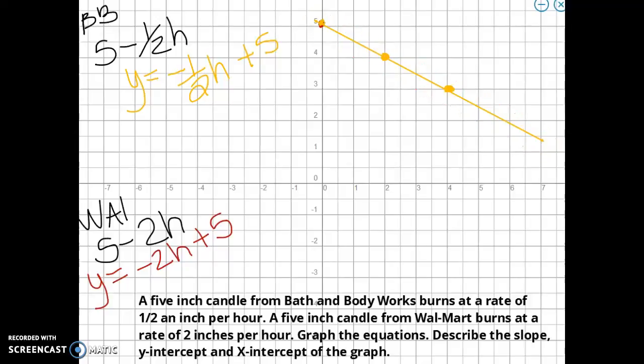Now the red candle slope is a little different. It says down 2, right 1. How do I know that it's right 1? Because I'm going to put that whole number as a fraction. So from that point, from the 5 inches where we started, it goes down 2 and then right 1.